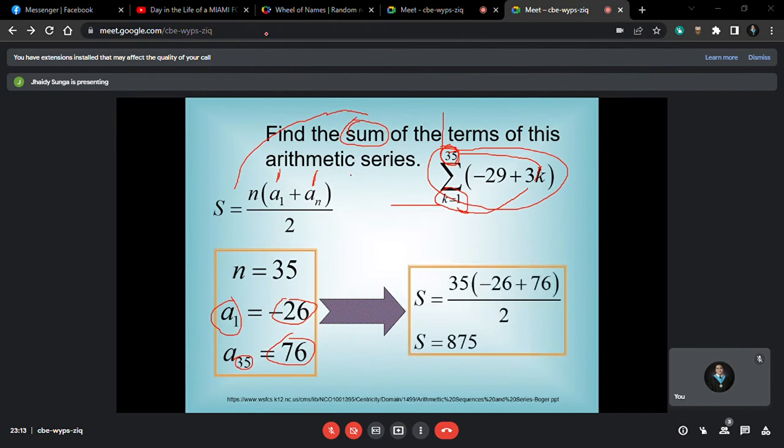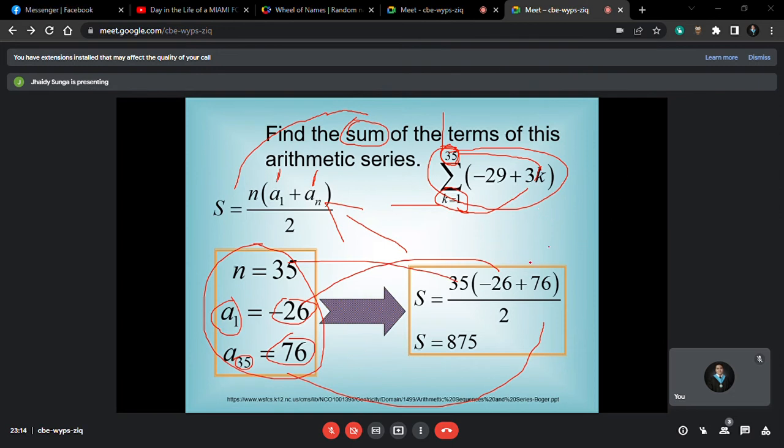We have the formula, right? After having the parts of the formula, we then substitute to the formula.